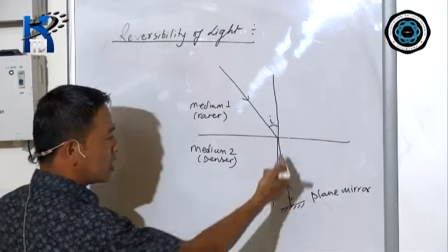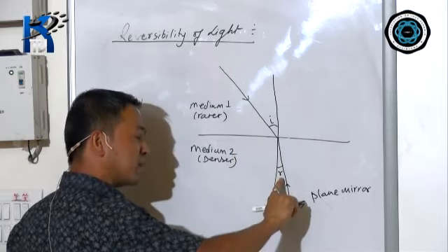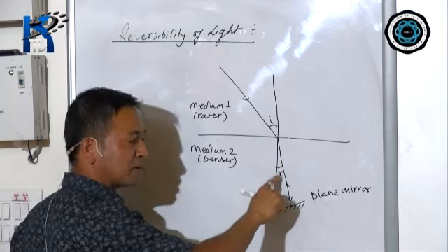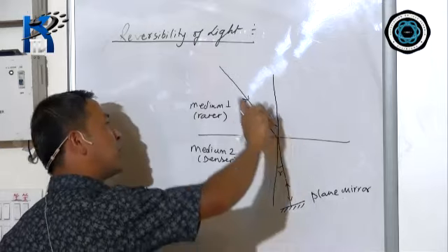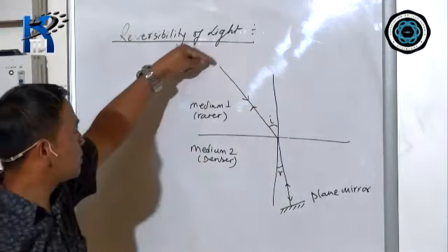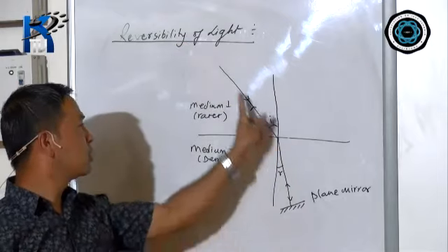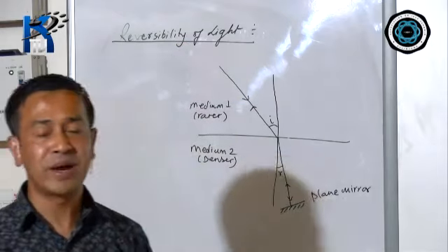Without changing any medium, the light incident at the same angle is refracted by the same angle. So this becomes the incident ray. Then the light reflects and passes in this direction as the what ray? Refracted ray. So that means if the light passes in this direction, it returns back in the same direction. This phenomenon is defined as the reversibility of light. That is the principle of reversibility of light.